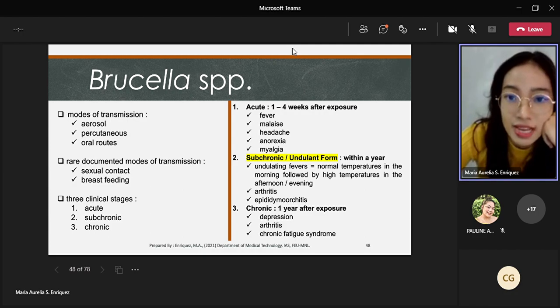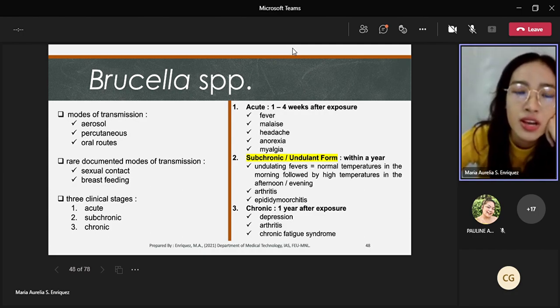And then the chronic stage of brucellosis happens a year after exposure. So brucellosis could be considered a chronic disease kasi po kaya niyang mag-cause ng pathogenicity that could last up to a year. Okay, so systemic symptoms such as arthritis may be observed.